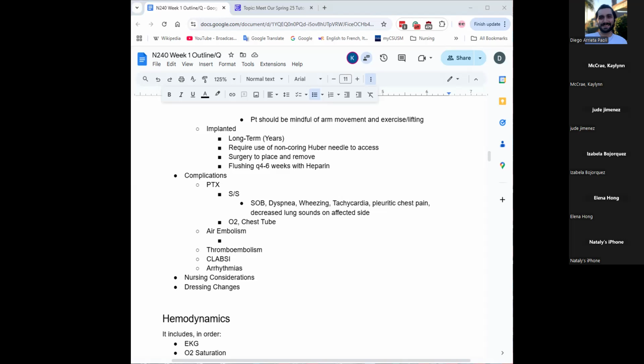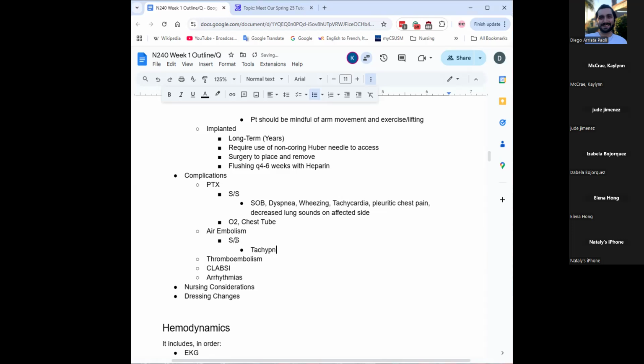For air embolism, the main thing you need to know is the intervention and maybe some of the signs and symptoms. You'll see very similar signs and symptoms to pneumothorax and pulmonary embolism: tachypnea, tachycardia, chest pain.